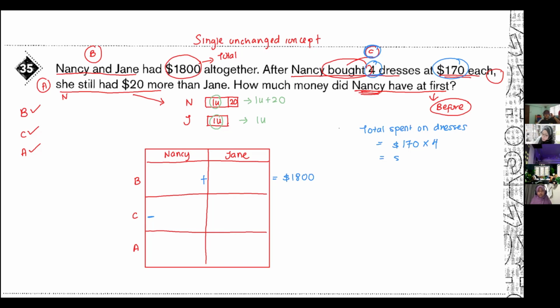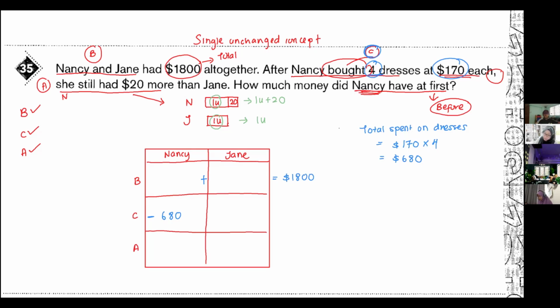And I will get 680. So this is what Nancy spent. $680. Okay. Now, as I mentioned, only Nancy spent. Jane didn't spend anything. So nothing in this Jane's box. Nothing for me to write inside here. Okay. So I continue.